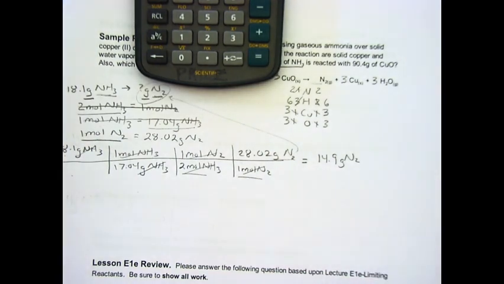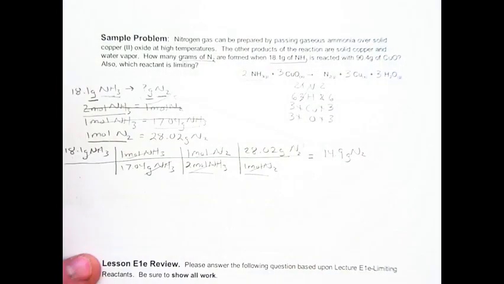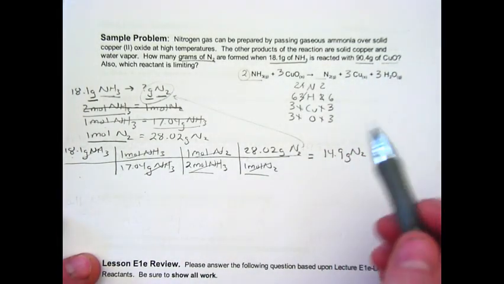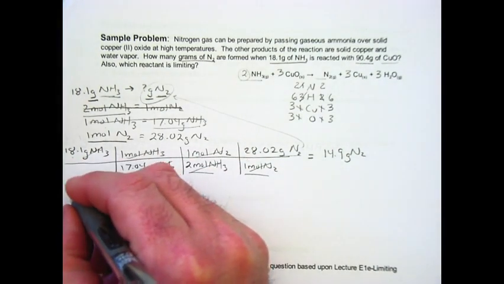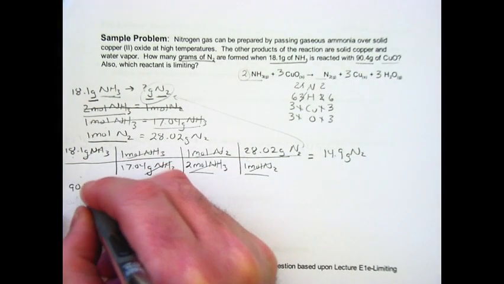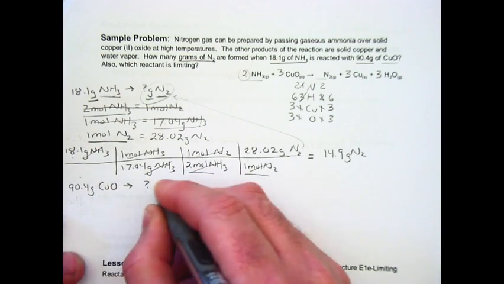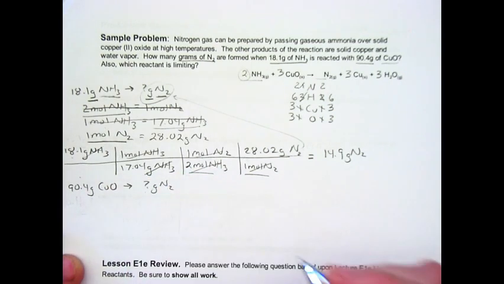Now, I need to do the same thing again, but this time I have a different starting point. I'm going to have 90.4 grams of copper 2 oxide. So I go 90.4 grams of copper 2 oxide. And again, the question is how many grams of nitrogen?